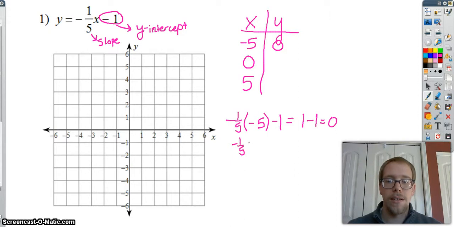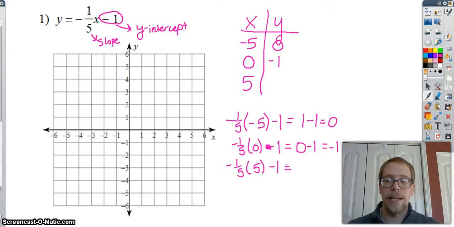Negative 1/5 times 0 minus 1 equals 0 minus 1, because negative 1/5 times 0 is 0, and that gives me negative 1. Now, a third time, negative 1/5 times 5 minus 1, well, negative 1/5 times 5 is negative 1, minus 1, and that's negative 2.